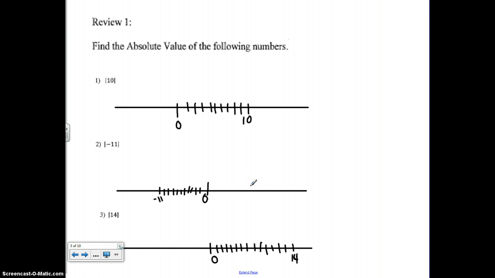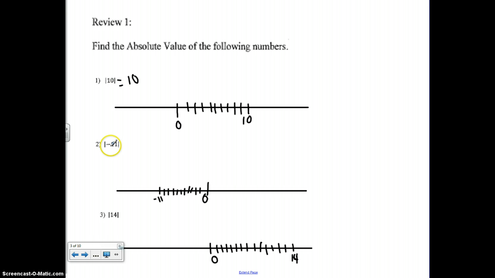So I have 10 on a number line. Right here is 10, and I want to find out how far away it is from 0. If I count, I have 1, 2, 3, 4, 5, 6, 7, 8, 9, 10 units. So the absolute value of 10 is 10 because 10 is 10 units away from 0.